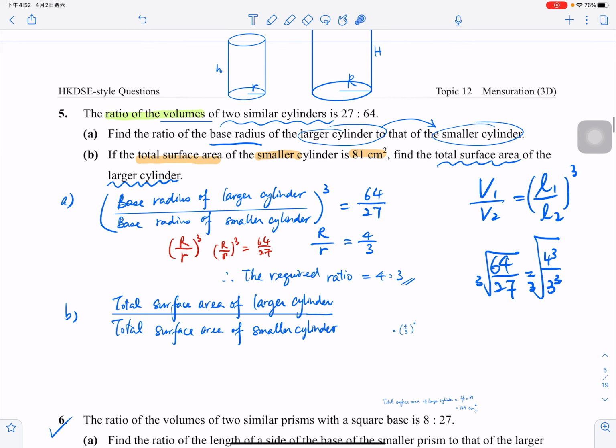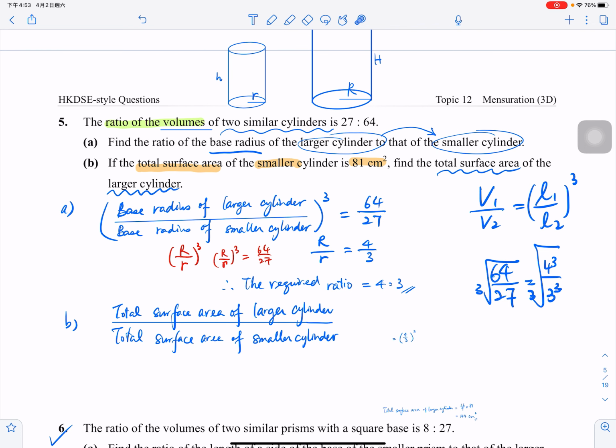4 to 3. Okay? Then how about the total surface area? Because now we know one of the total surface areas, then you can find the other one, because we can make use of the base radius ratio to find the area ratios.